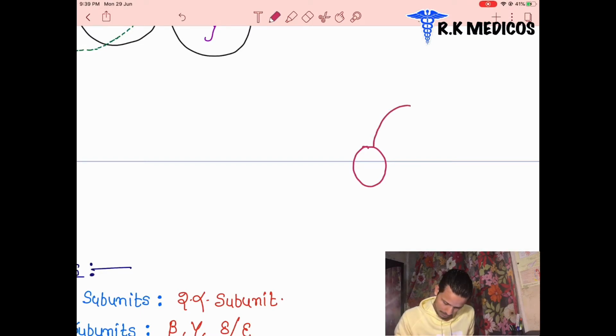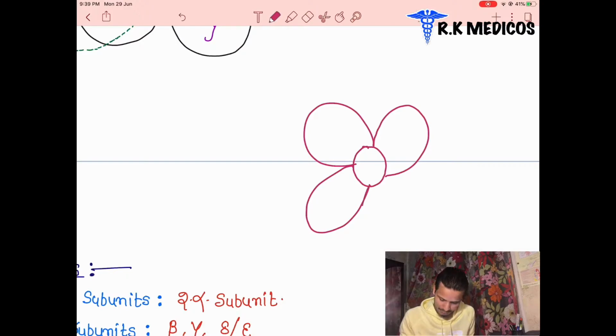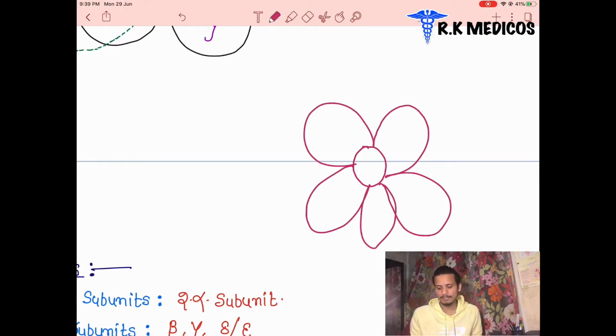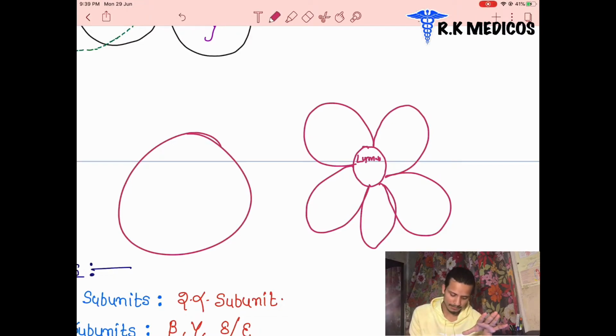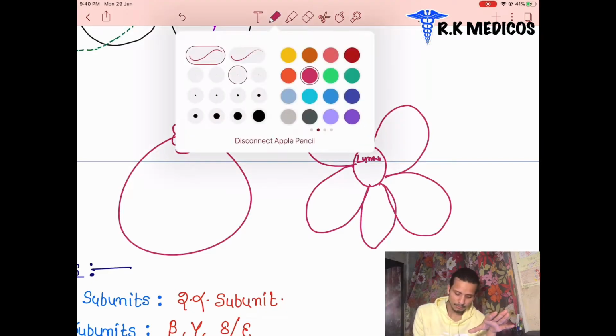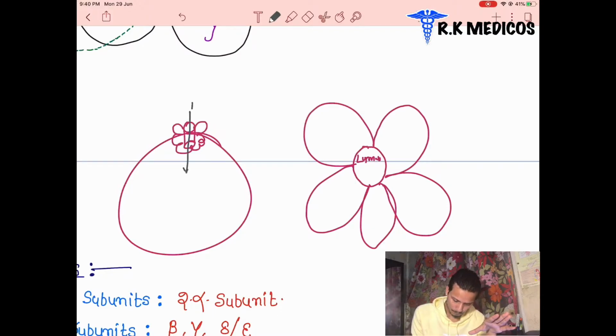And around the lumen there are 5 flower-like structures, petal-like structures, arranged like this. Suppose this is the cell and this lumen is located here, and 5 different flower petals are formed around it, and sodium ions move through it.